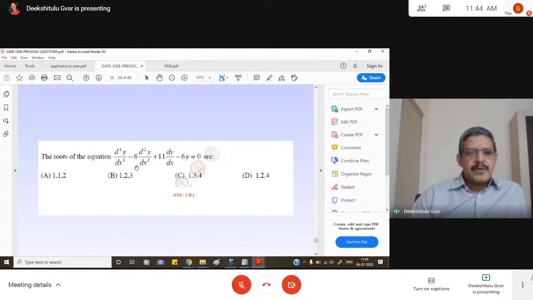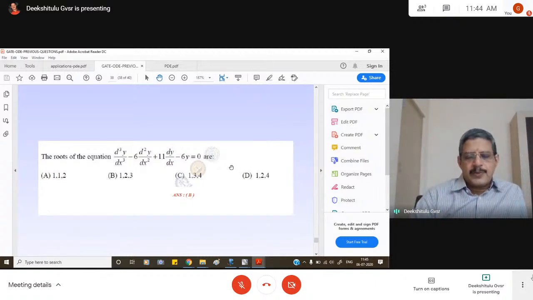The roots of the auxiliary equation: the auxiliary equation is m cube minus 6m square plus 11m minus 6 is equal to 0. So first get the roots and solve the problem. I give you a trick here. The polynomial is m cube minus 6m square plus 11m minus 6 is equal to 0.